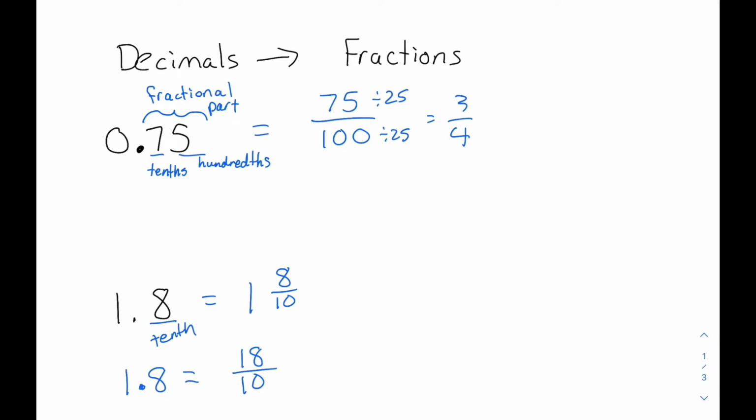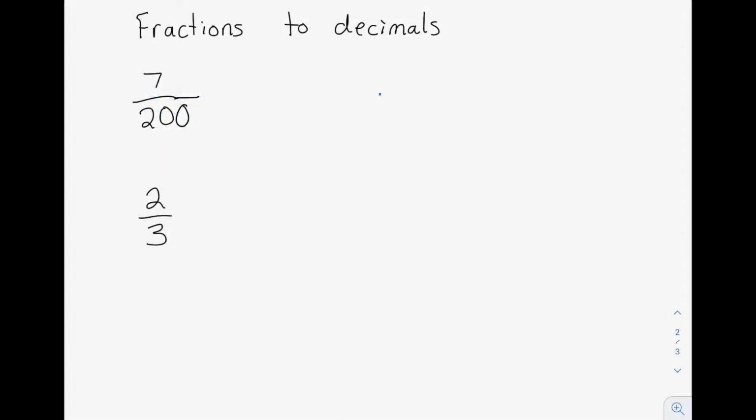So I don't have to go through our algorithm of 10 times 1 plus 8 here. I can just write down all of the digits and put it over the last place to the right of the decimal, so 18/10.